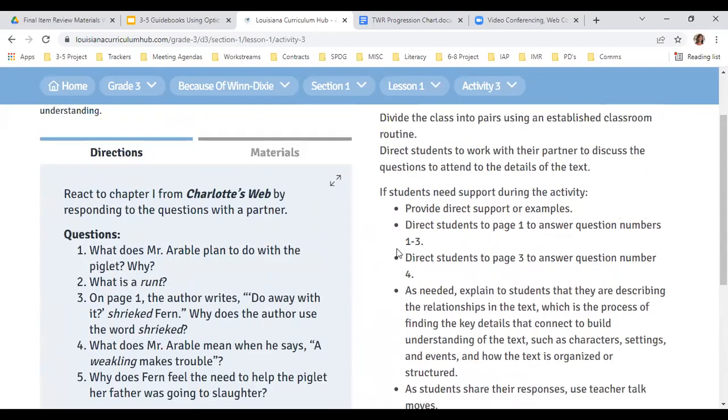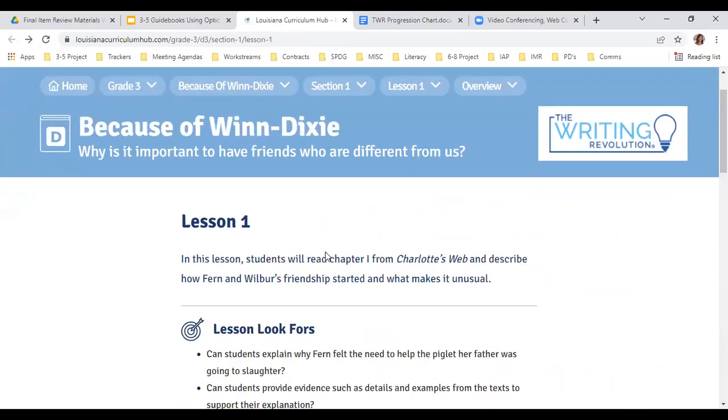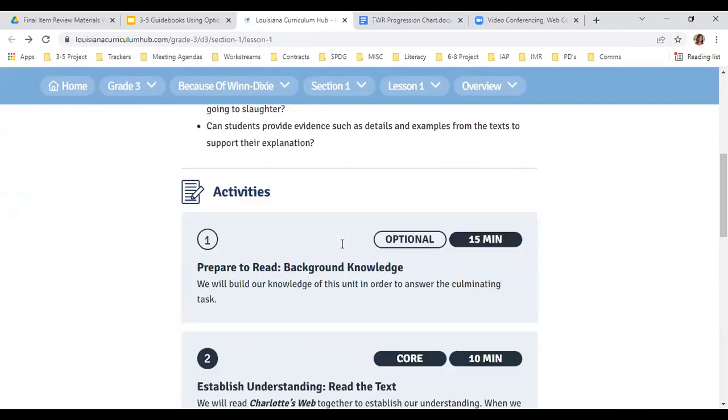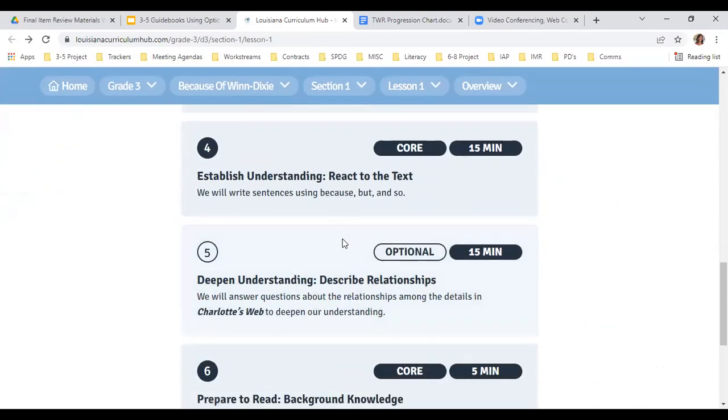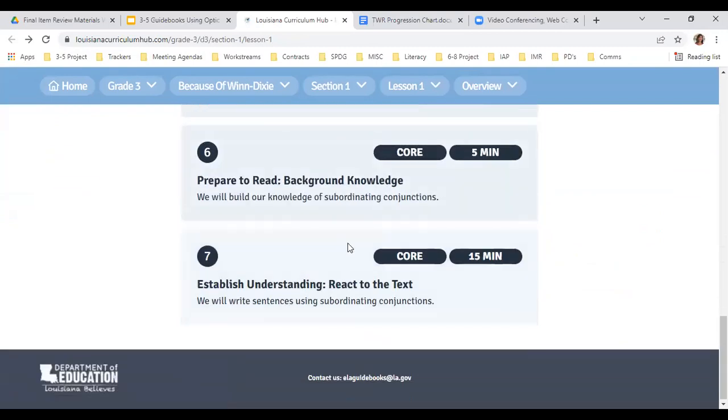So then we have our next question. How do these activities support students on the section diagnostic? Well, the section diagnostic is: how does the unusual relationship between Fern and Wilbur teach us that animals and humans can be friends?